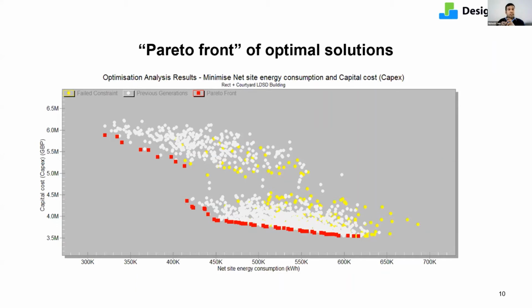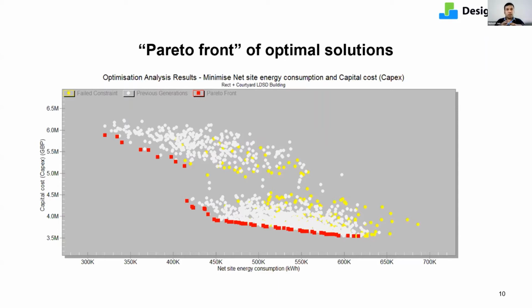For example, the x-axis and y-axis in this case show minimizing net site energy consumption and capital cost. And so each of these results represents those two outputs for each iteration.